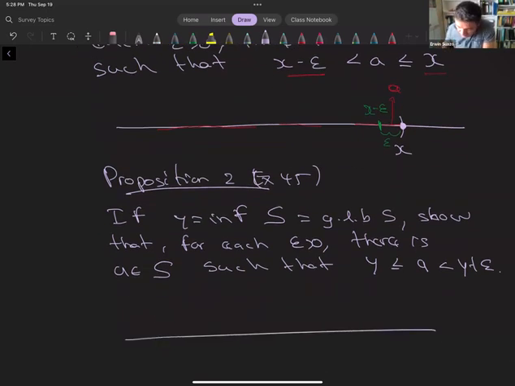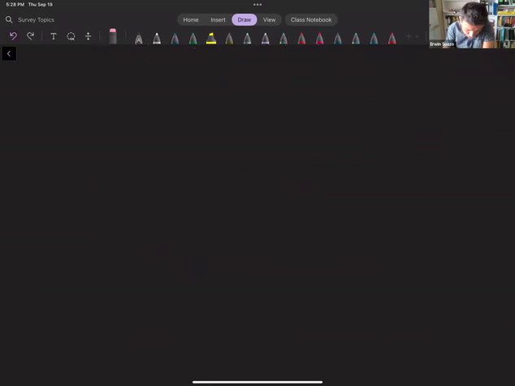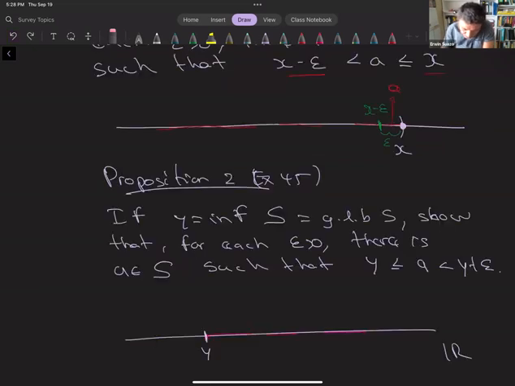So this is the real line, and S in this case is something like this, and then the inf is y, so this is y, and it's saying if you add epsilon to y, so here y plus epsilon, this is epsilon, you can find A. So you're gonna find this A here in the middle.